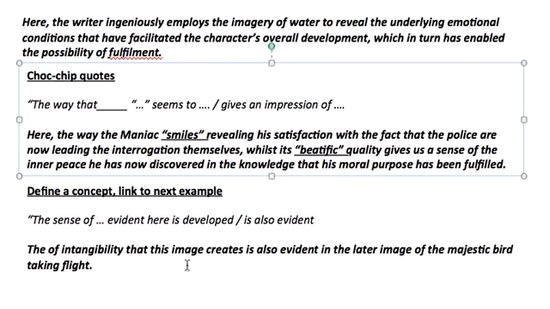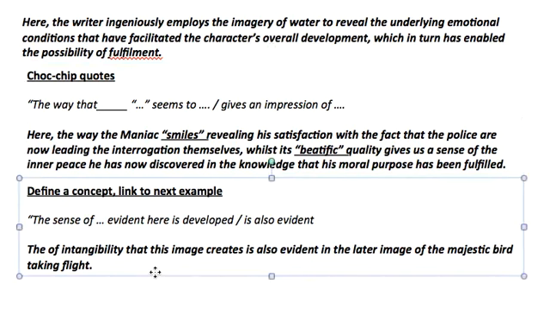The last one is if you're really trying to develop your analysis with more than one example. So what you do is you define the concept in the previous one and link it to the next example. So this sense of, and that's where you want a nominalized abstract noun. This sense of intangibility, injustice, the exposure of corruption, redemption, degradation, all of those abstract nouns, those thematic conceptual words.